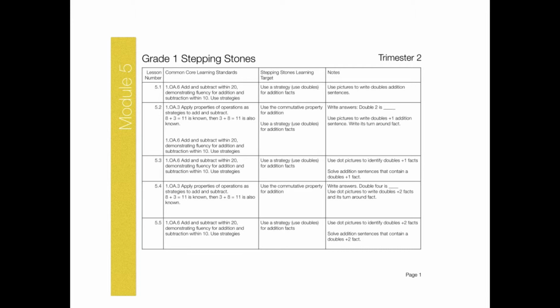Finally, there is the planning document. You will see the module number, the trimester that it refers to. The lesson number refers to what lesson in Stepping Stones. It describes the Common Core learning standards.